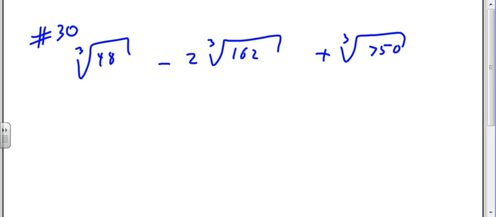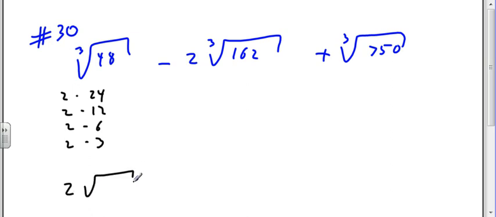Okay, well, I don't know. Let's say it's 48. That'd be 2 times 24, 2 times 12, 2 times 6, 2 times 3. So it looks like 2 the cube root of 6 minus 162.